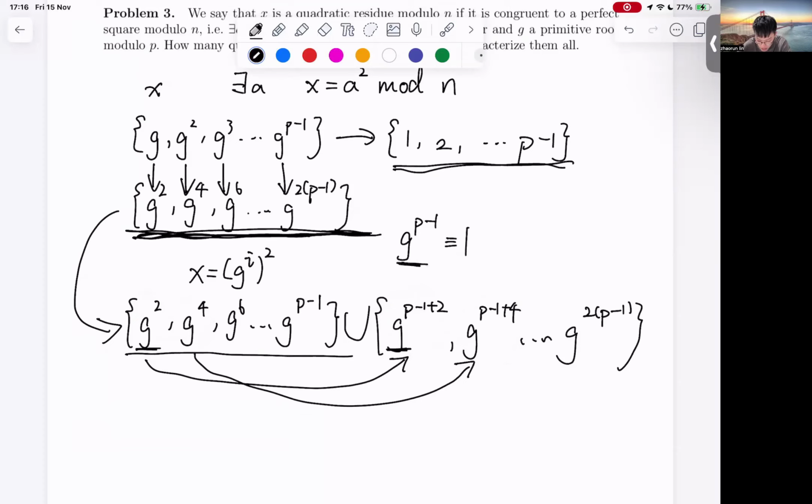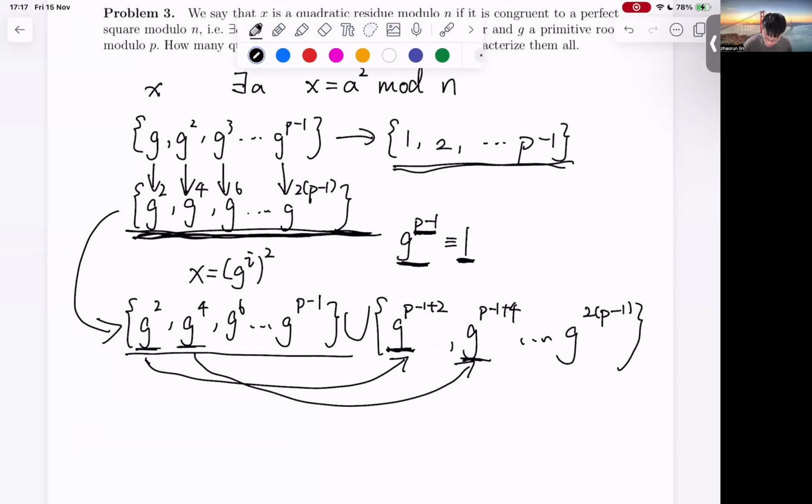It's a primitive root and it has an order, so actually this primitive root is co-prime to P. So by Fermat's Little theorem, it's equal to 1. So G to the power of 2 is equal to this one, and we can map it to this one, and so on.